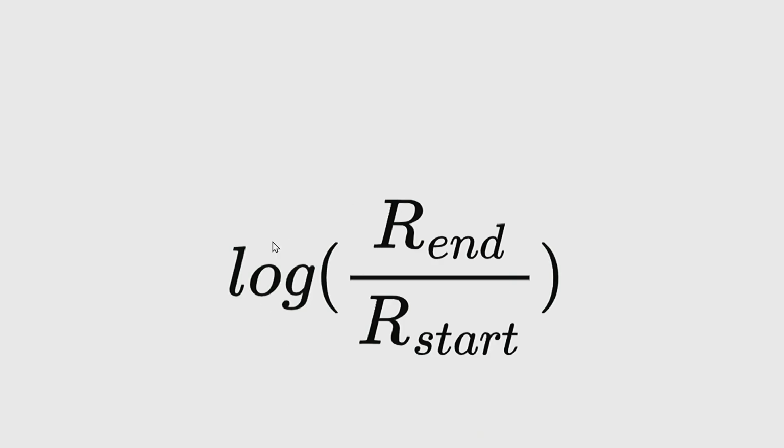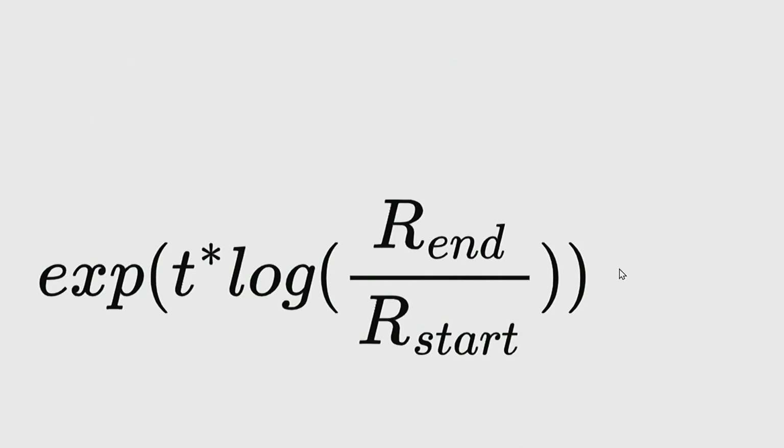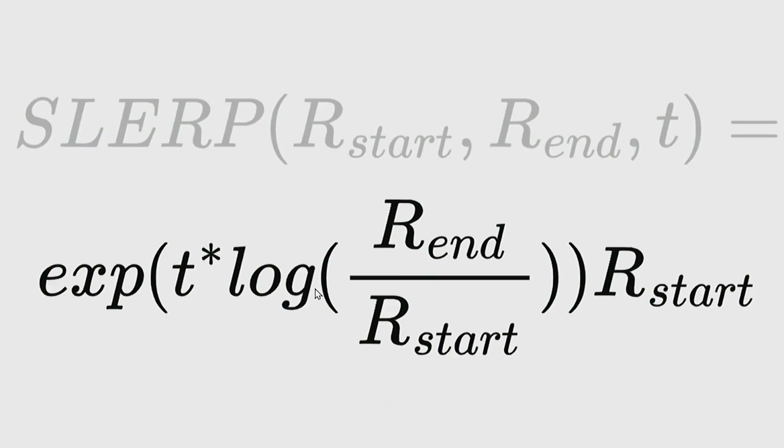You take the logarithm of that, which will give you the axis of this transformation, scaled by the angle of the transformation. You then multiply that by your t value, where your t value is the amount that you want to go from here to here. Then you take the exponential, and this gives you a rotation from here to here by the amount t, in some sense. And then you multiply by the start, because what you really want to do is to go to the start and then go from the start towards the end by the amount t. And that is slurp.